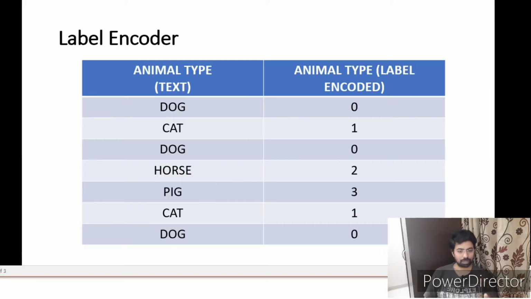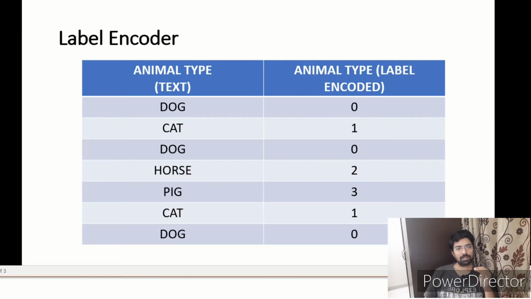In level encoding, if the data has n number of categories, like animal type, say you have 4 kinds of animal: dog, cat, horse and pig.